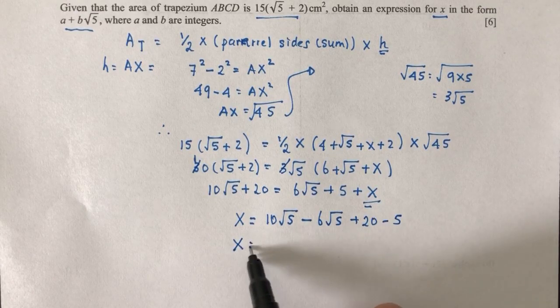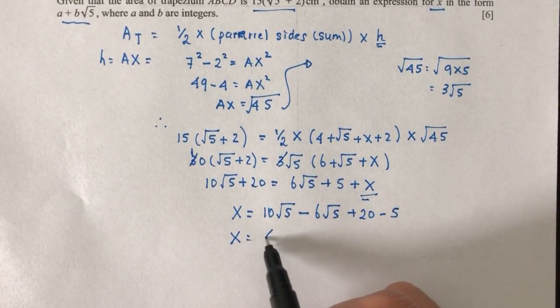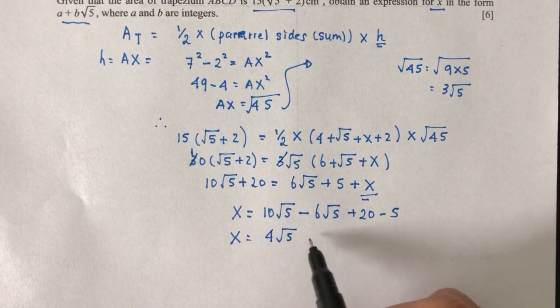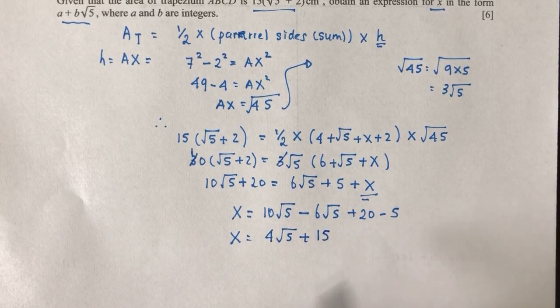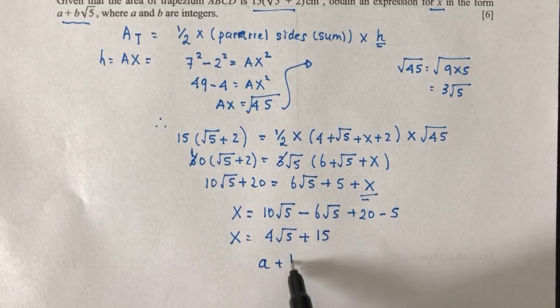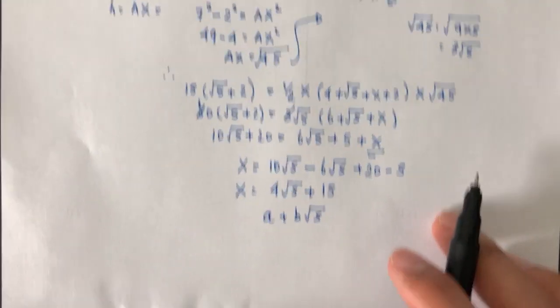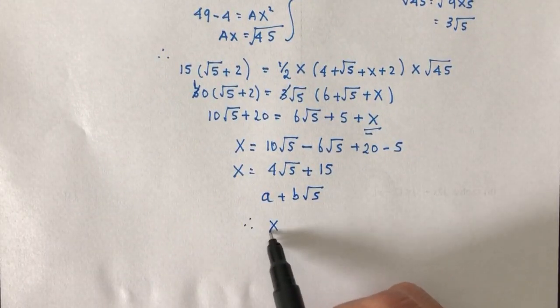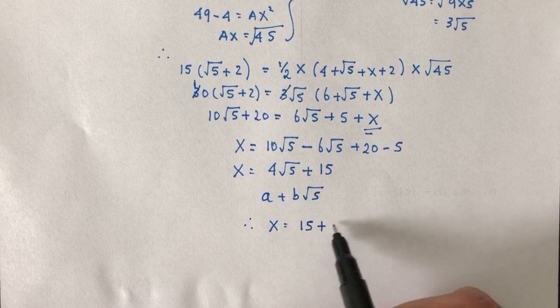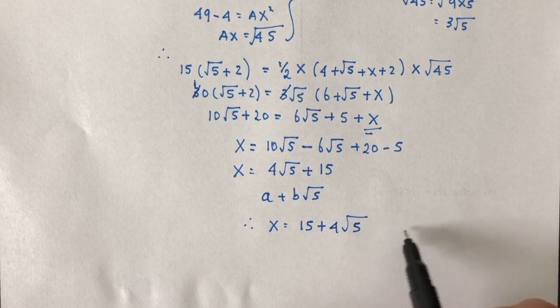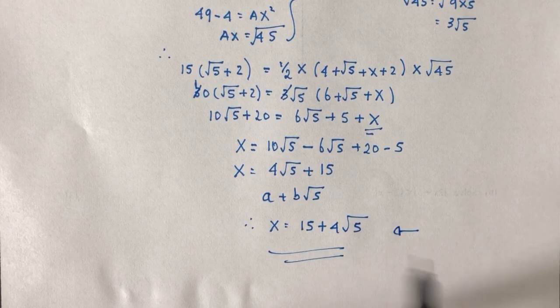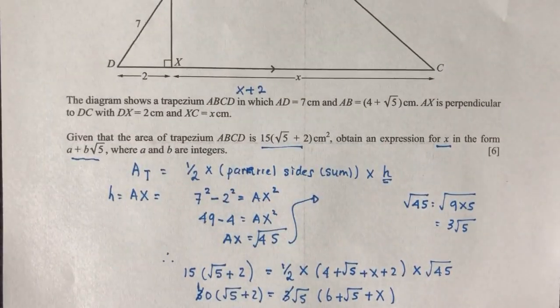So x is equal to 4 square root of 5 plus 15. And it says to give your answer in the form a plus b square root of 5. So your answer is x is 15 plus 4 square root of 5. This will be your answer, and this is question number 4.